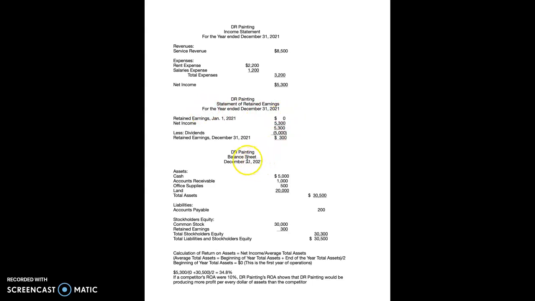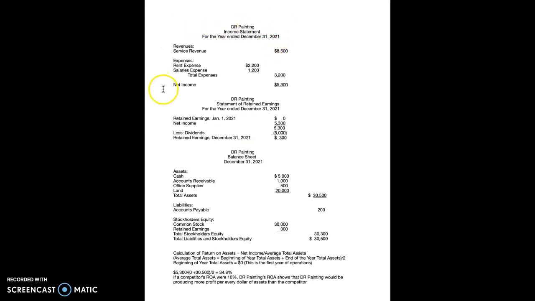But for a balance sheet, it's a snapshot in time. So for the period of time, there's only one day that we show, the last day of the accounting period, because it's a snapshot of our financial position, assets, liabilities, equity, as of a particular day.